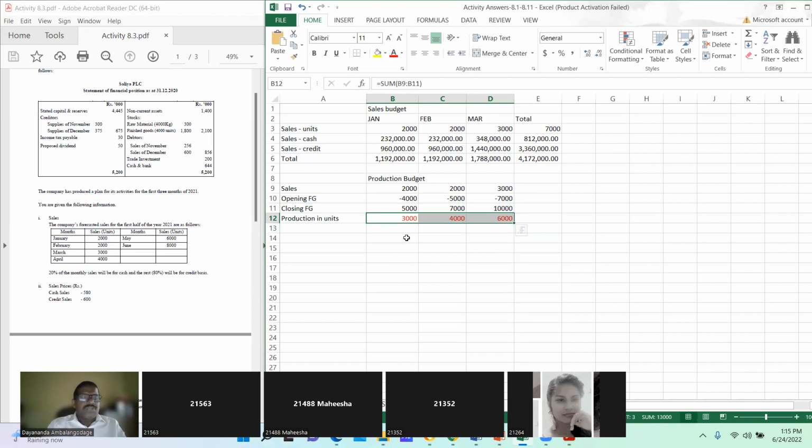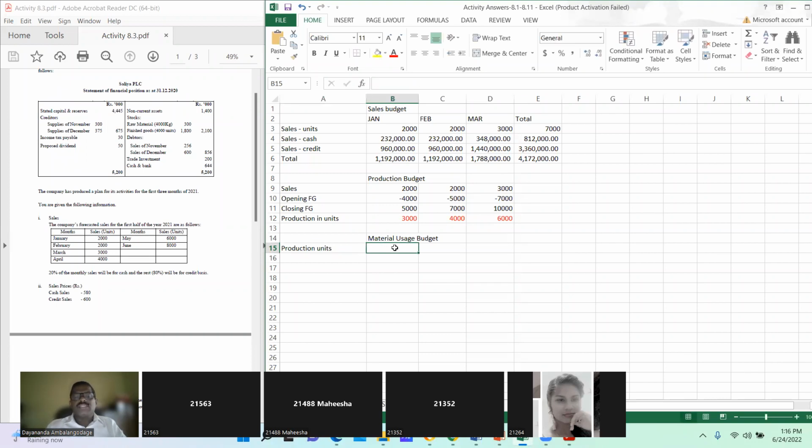And based on the production budget, we can prepare the material usage budget. Here we have only one material, therefore it's very easy for us. The material usage budget is based on the production plan, production units.